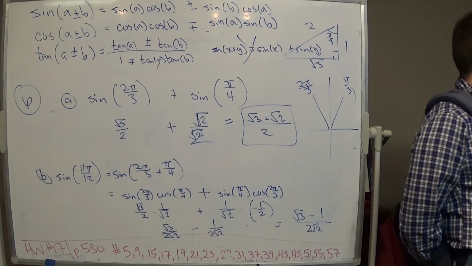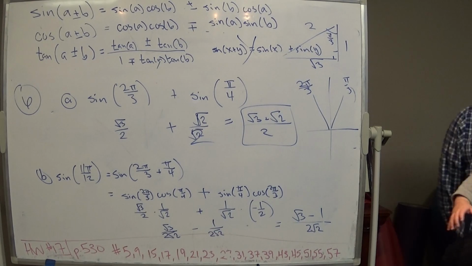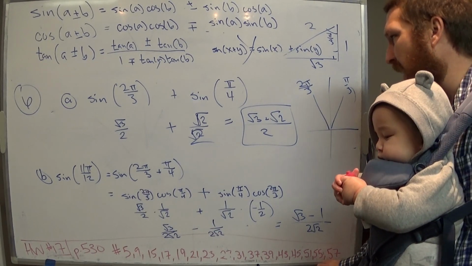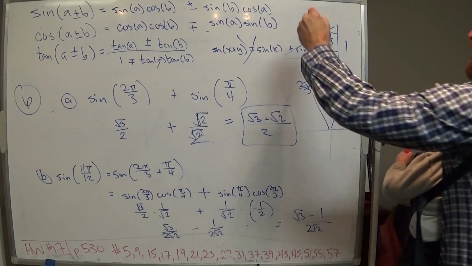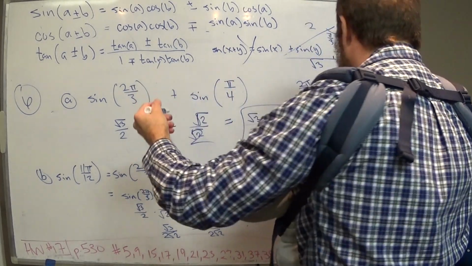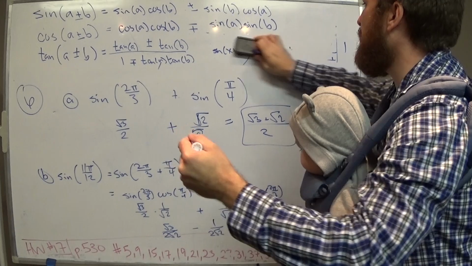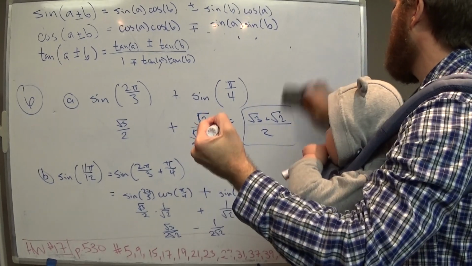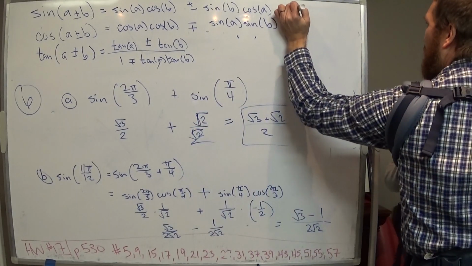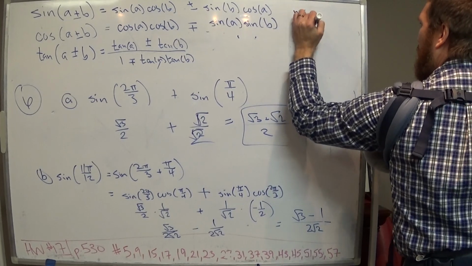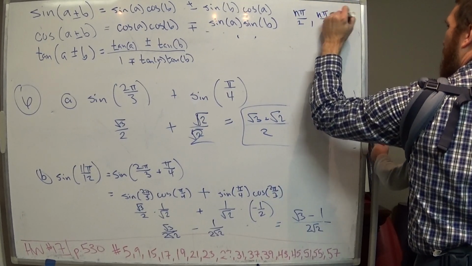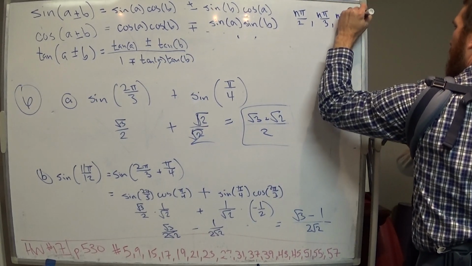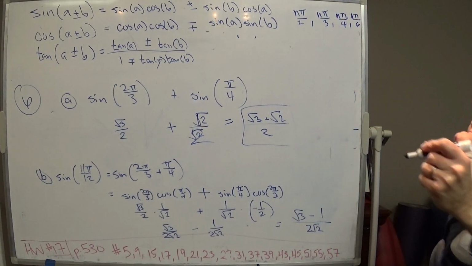So that's one kind of thing you're going to do. Now remember earlier I said that as of right now, we have exact answers. We could find exact answers for any trig function where the input is n pi over 2, n pi over 3, n pi over 4, and n pi over 6.